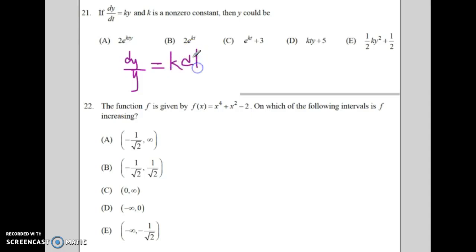You're going to integrate both sides, and then the left side should be the ln of y equals kt, sorry, plus c. Okay, I have to stop here.